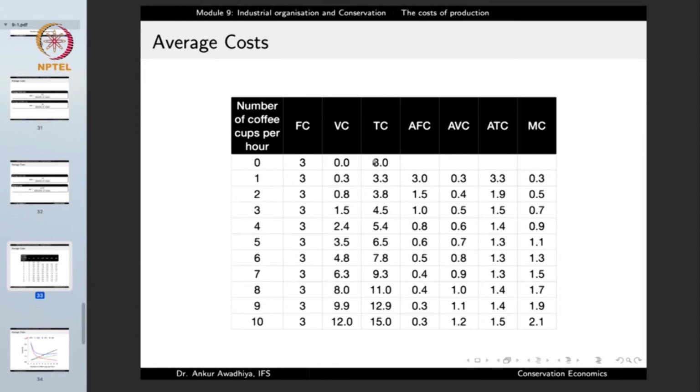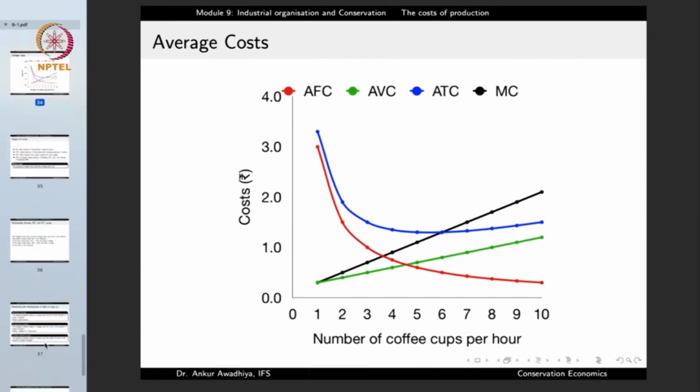So 3.3 minus 3 is 0.3. 3.8 minus 3.3 is 0.5. 4.5 minus 3.8 is 0.7, and so on. So in this case, we can find out the average fixed cost, the average variable cost, average total cost, and the marginal cost. Now this is how it looks when we plot them.